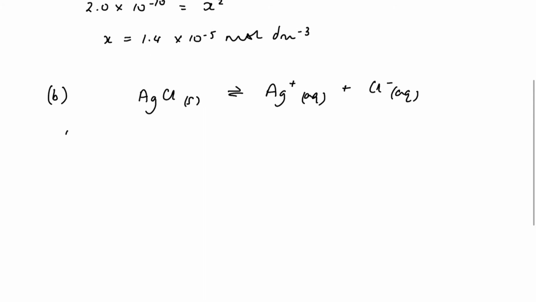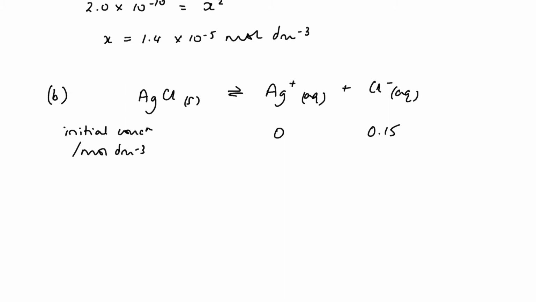Now, initially, my initial concentration of ions, that's in mole per decimeter cubed. Before I add any silver chloride to my sodium chloride solution, I will have no silver ions. But the concentration of the chloride ions is 0.15 mole per decimeter cubed.